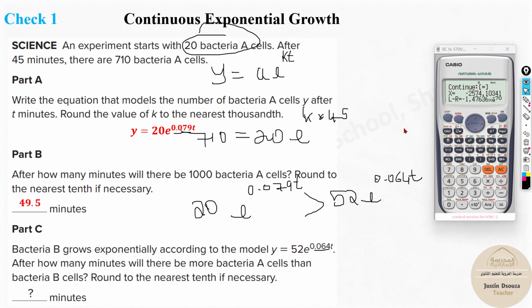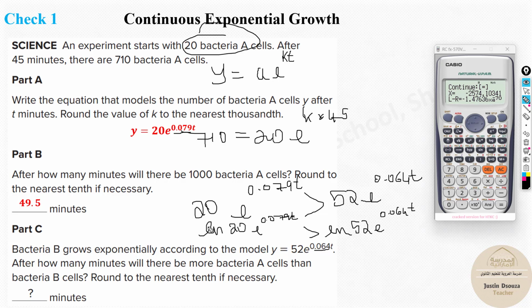Anyways, we will solve it now manually. I'll try to do it in as simple steps as possible. Take natural logarithm on both the sides. It'll be ln(20e^0.079t) greater than ln(52e^0.064t).